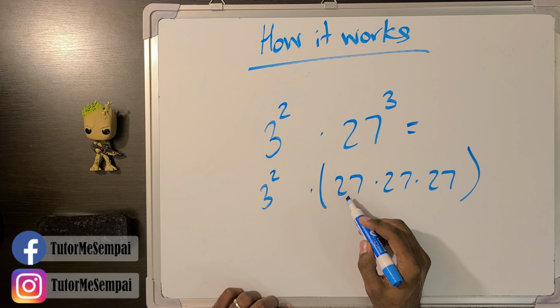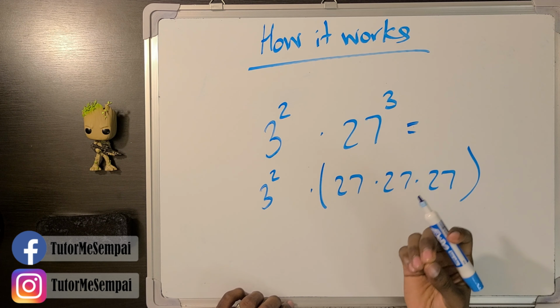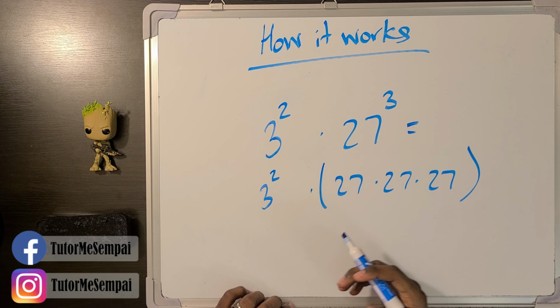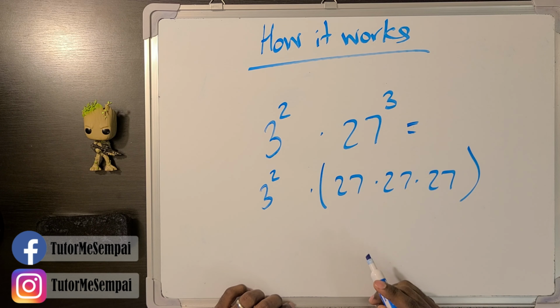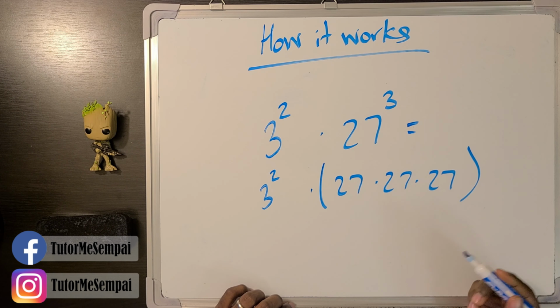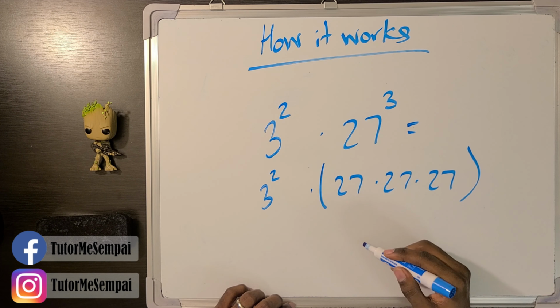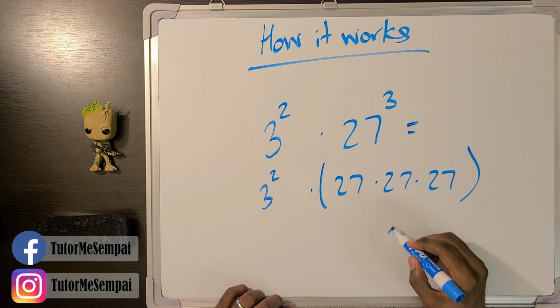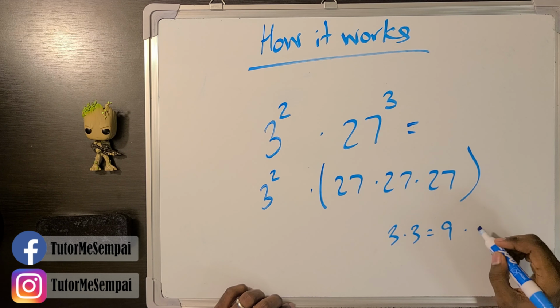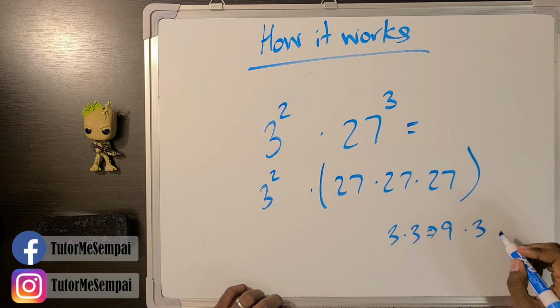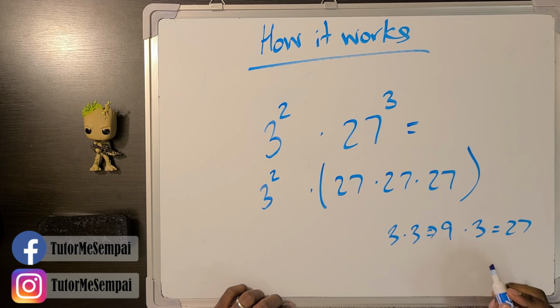Let's look at this 27. Can we write 27 in exponent form? Well, what times itself multiple times gives us 27? That's going to be 3, right? You know that if you multiply 3 times 3, you get 9. And if you then multiply that 9 times 3, you get 27, right?